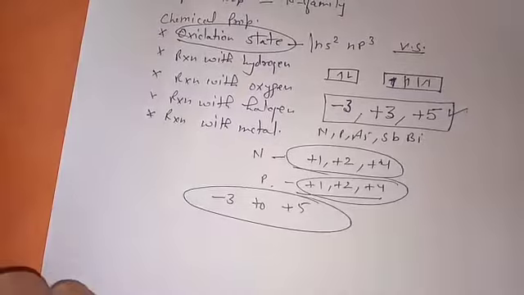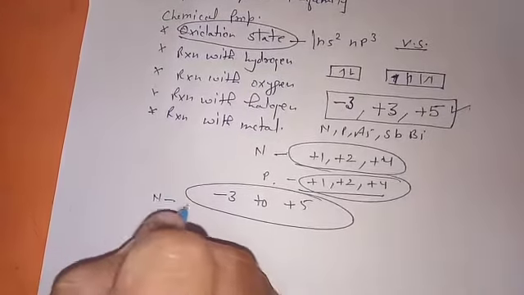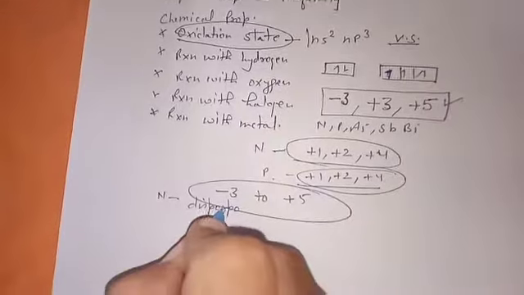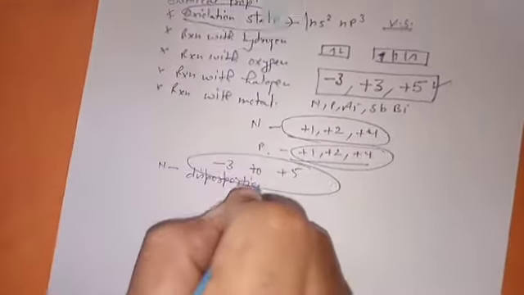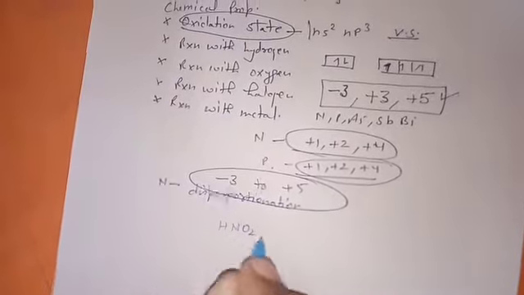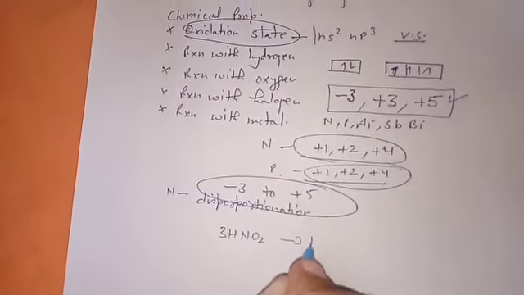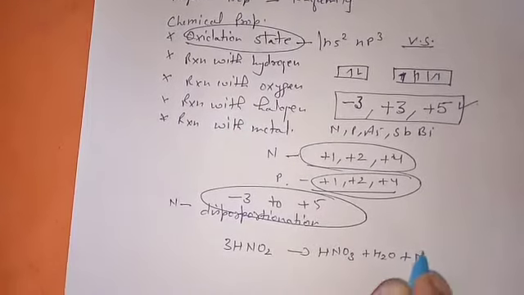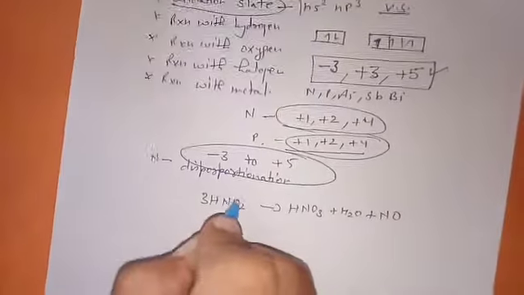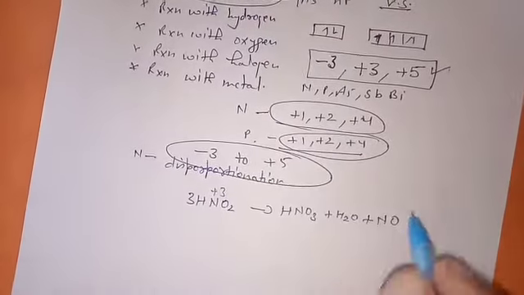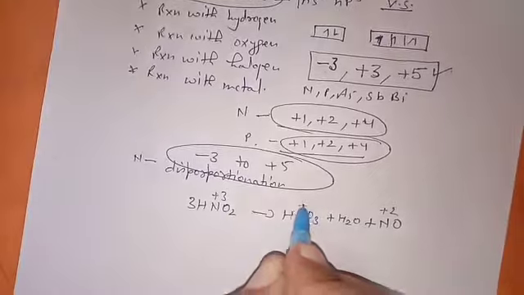That's why nitrogen is capable of undergoing a lot of disproportionation reactions easily, like nitric acid in acidic medium particularly, which will break up into this particular form. Here the nitrogen oxidation state is +3, here it is +2, here it is +5.